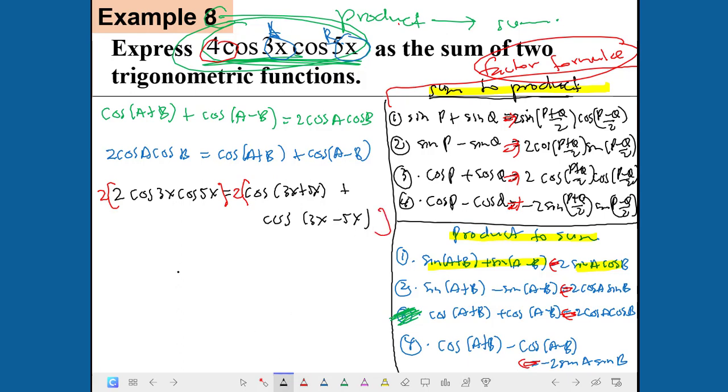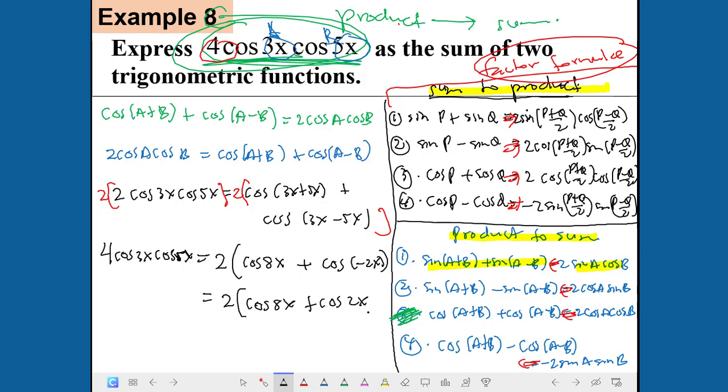Then on the left-hand side, 4 cos 3x cos 5x is equal to, simplify, 2 cos 8x plus cos(−2x). Simplify: 2 cos 8x plus cos 2x. Here cos(−2x) is equal to positive cos 2x.